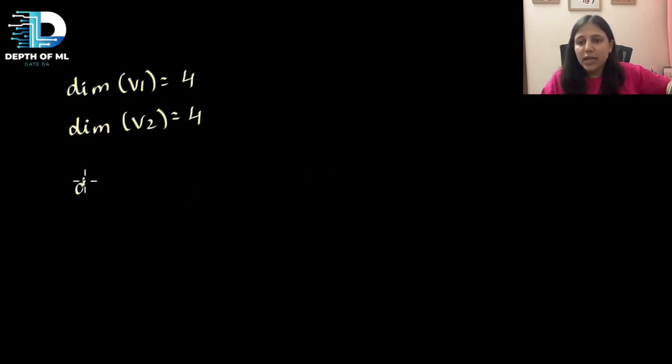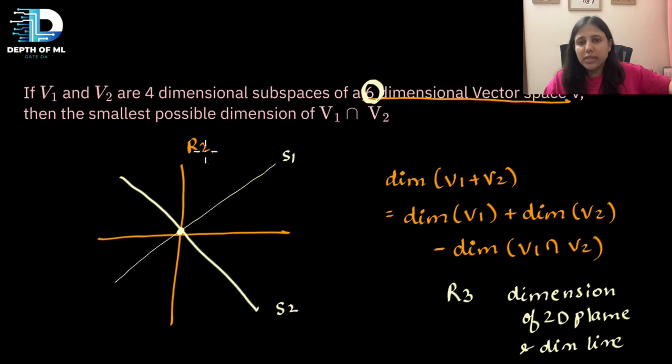So the dimension of V1 plus V2 is less than or equal to 6.